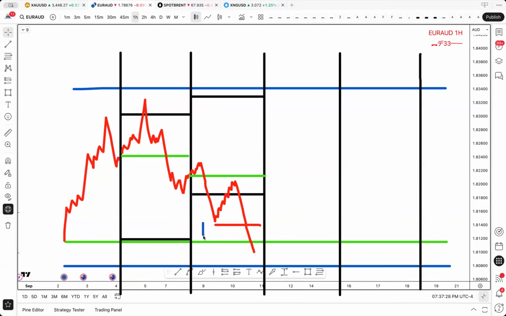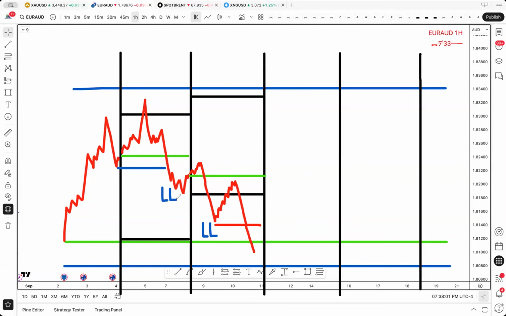So whenever they breach a previous day level, that is a higher high or a lower low, a real one. Now, mind you, yes, this is a lower low, but they did not break the previous day's low. So what does that mean for us? That means that their shorts are not in the market yet.